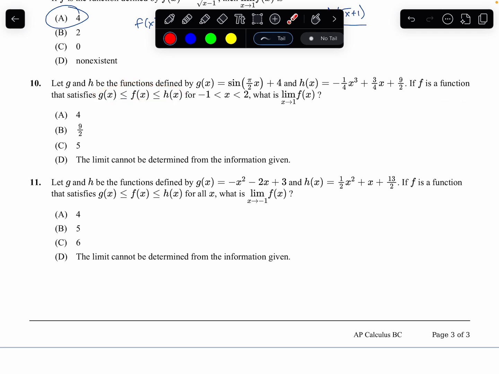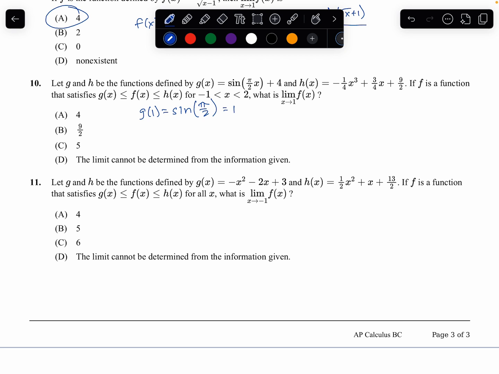We just have to verify what the limit as x approaches 1 is for g and for h. And if they're the same, then f of x would have to also be equivalent. So I'm just going to plug in 1 for g of x. So g of 1 is equal to sine of pi over 2. And sine of pi over 2 is 1.